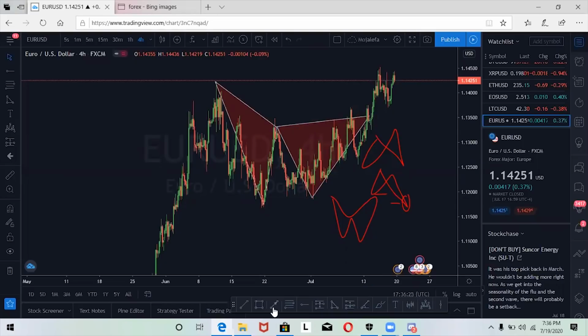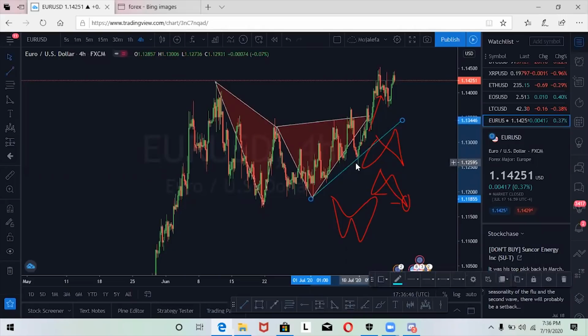I told him to look for buying opportunities to ride this to the upside. Because remember, for it to be a head and shoulders, the second point is that it needs to break out of this uptrend. You can either put it here, and this can be more like a liquidity gap, or a wick.